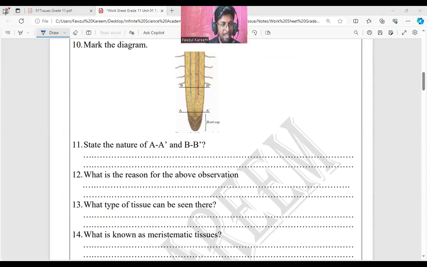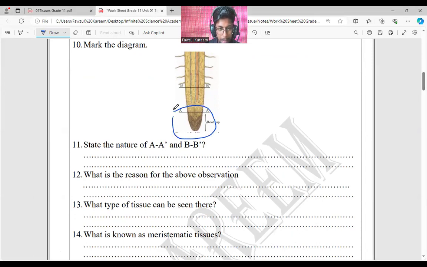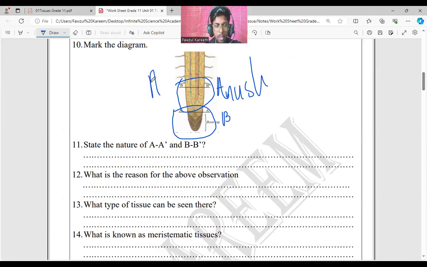Okay. Anushya, can you say, my dear? What is this area? Tell me, Anushya, what's the B area? Whether it is permanent tissue or meristematic tissue? A area, sorry, B area.